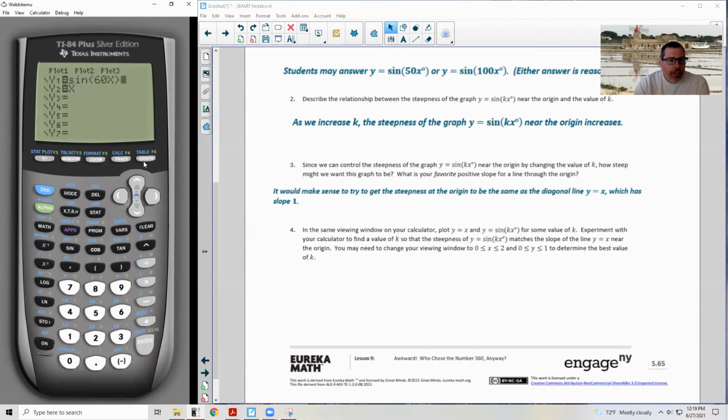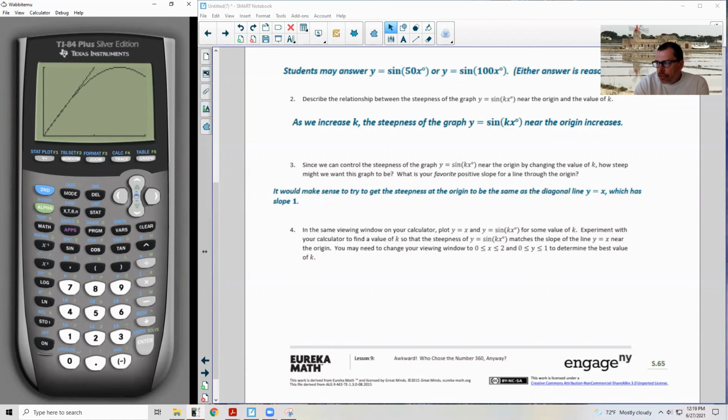And now when I graph this, am I getting closer to y equals x? So there's y equals sine 60, and there's y equals x. And that almost looks perfect right there. So I would say y equals sine 60 looks pretty darn good, okay?